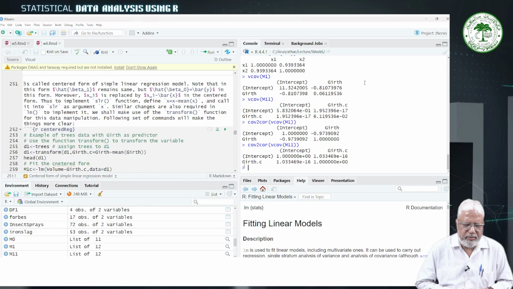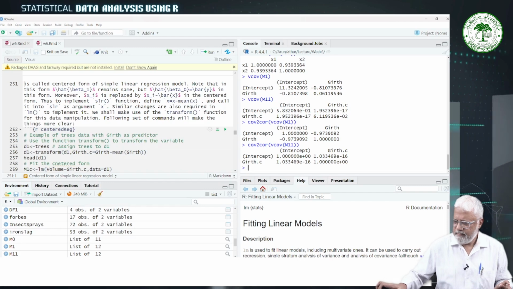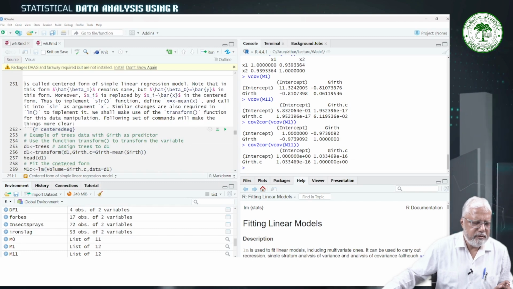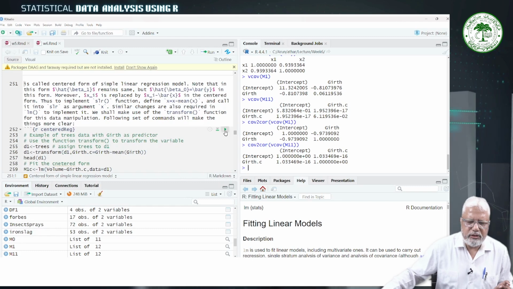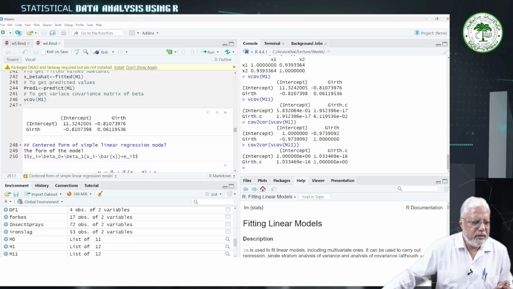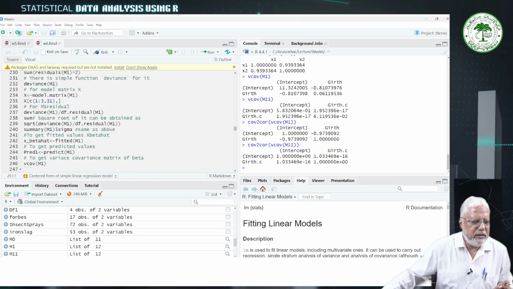So, it is more stable. We have already done these things.